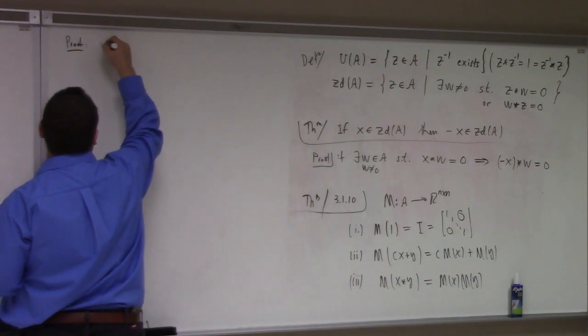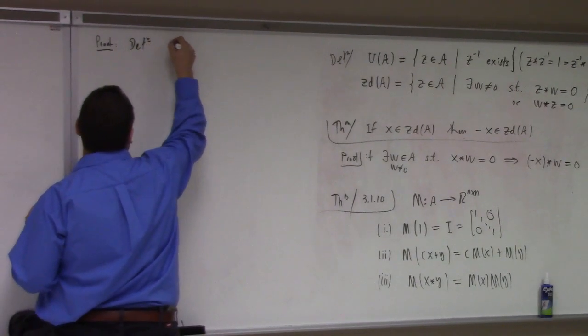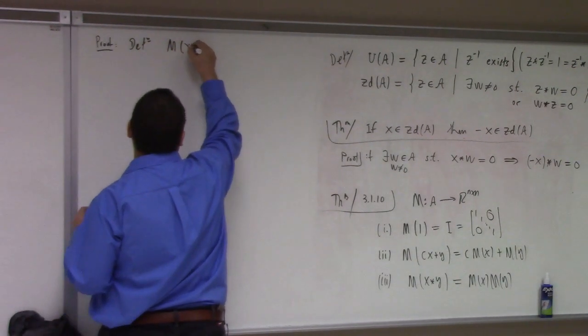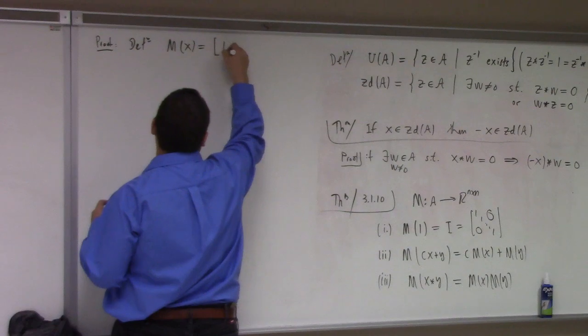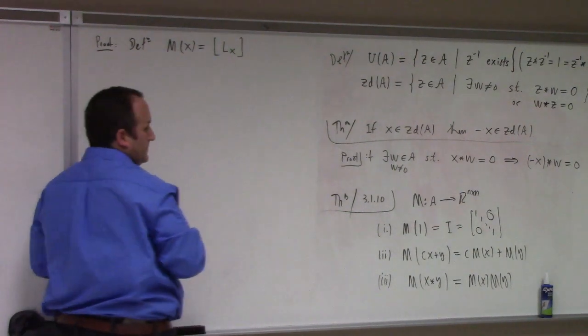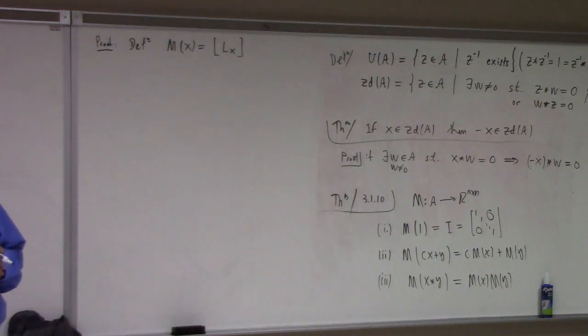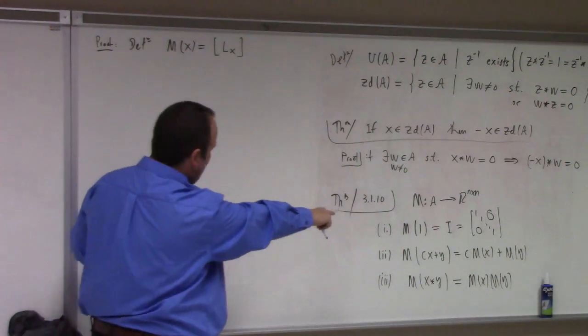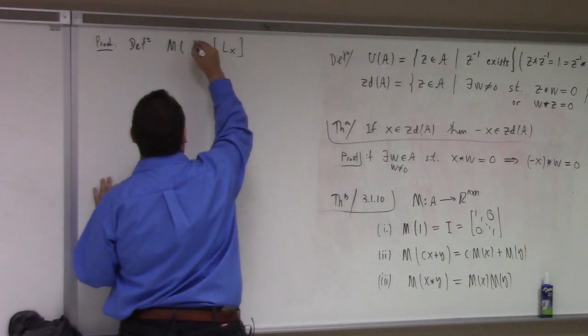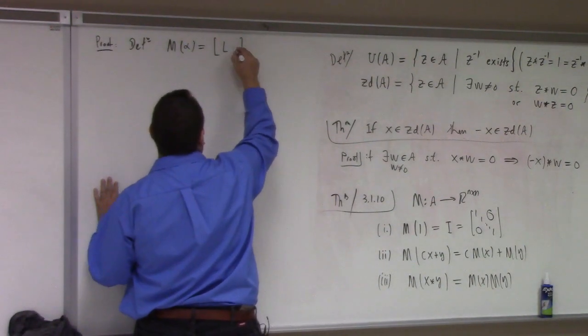First of all, definition: the matrix of x is the standard matrix of Lx. I better not use x here because I used x in a different sense there, so let's say alpha like I was before, left multiplication by alpha.